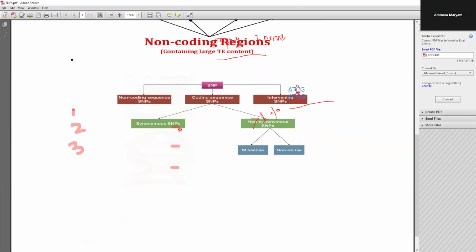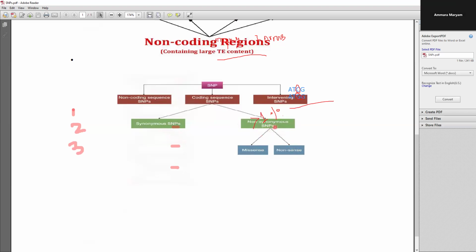These are changes in the DNA, but not in the protein. There is a specific change at a specific position in a particular DNA, but it will not alter any protein. Whereas non-synonymous SNPs are those that can result in different amino acids. What that means is they can alter the proteins.